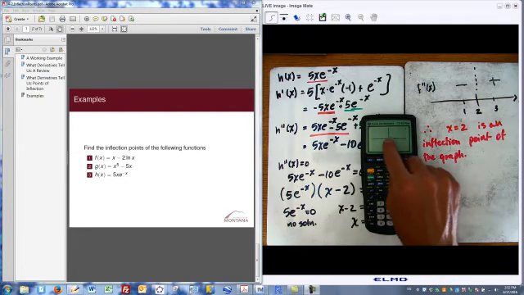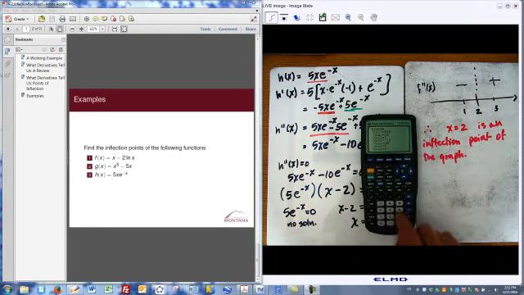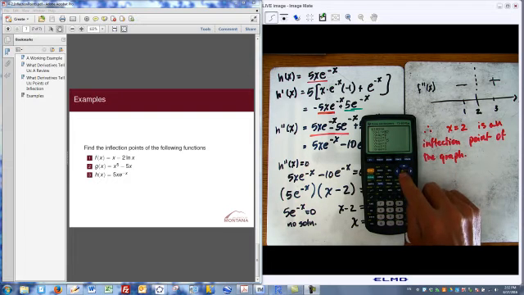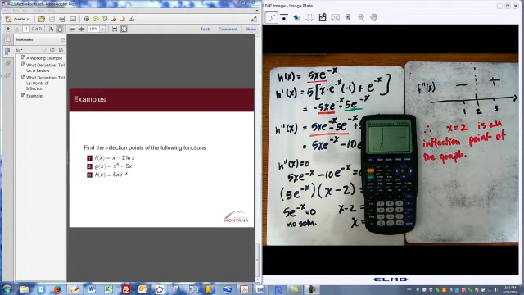Okay, it looks like a lot of action happening around the origin there, so I'll change my window a bit. How about negative 2 to 2, and I don't know, negative 5 up to 4 on the y. Oh, except that's not going to help much because we think the inflection is actually at 2. So let's go to the window again and make the x max 4 instead of 2. Okay, now we should be able to see it.